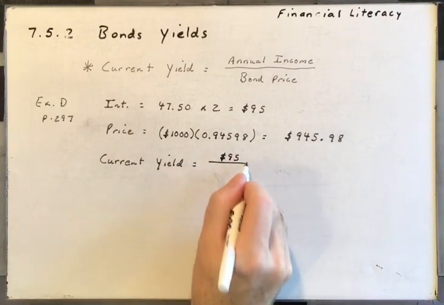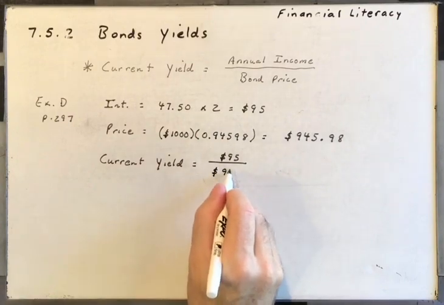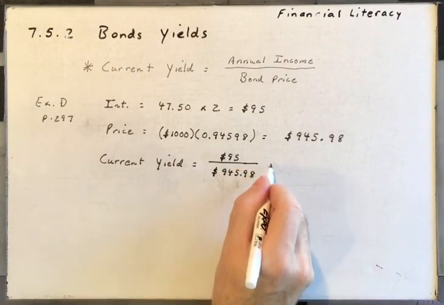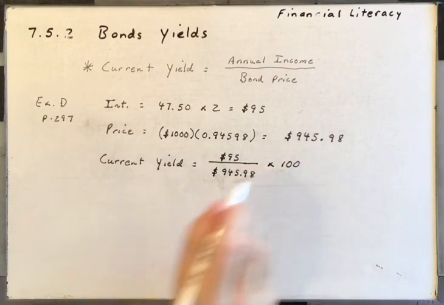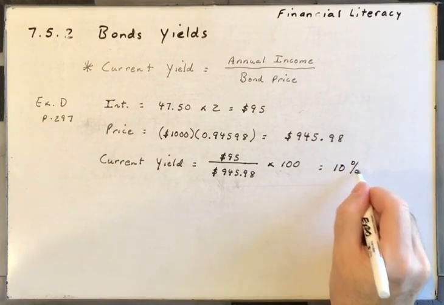Remember, they told us semi-annually, and we had to multiply by 2. Divide by the price, $945.98, times 100 to convert it to a percent, and you get 10%.